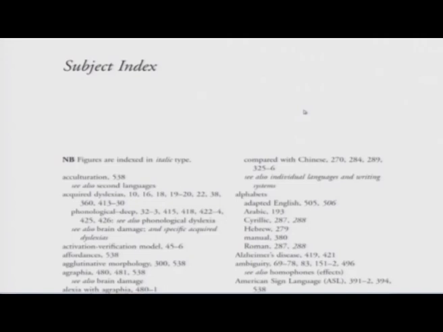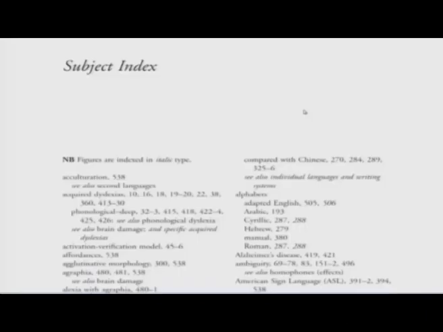Usually, books have index pages at the end. Some books have two kinds of index pages. One is called subject index, as you can see here. Sometimes you also see author index.